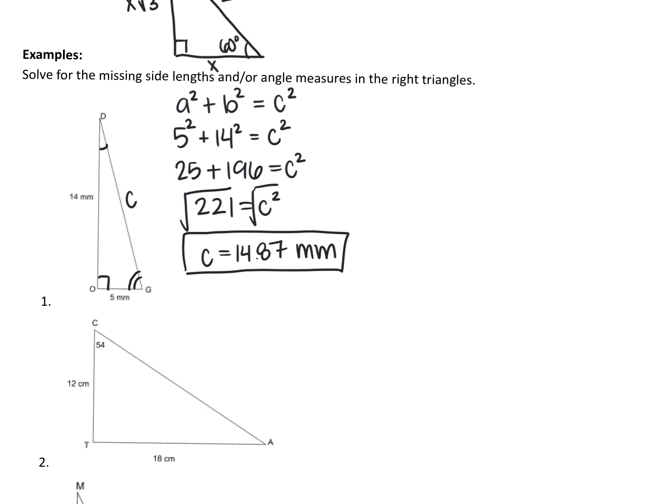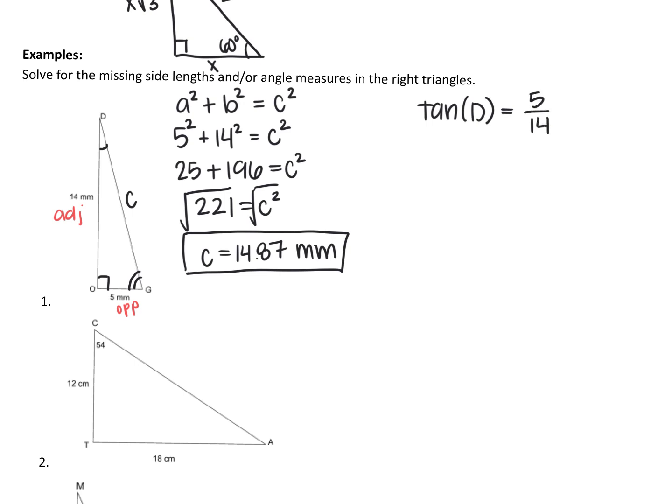I'm going to solve for angle D. I'm going to use the 5 millimeter side, which is opposite from angle D, and the 14 millimeter side, which is adjacent. The trig ratio that uses opposite and adjacent is tangent. So we say tangent of D, since I don't know what angle D is, has to equal 5 over 14.